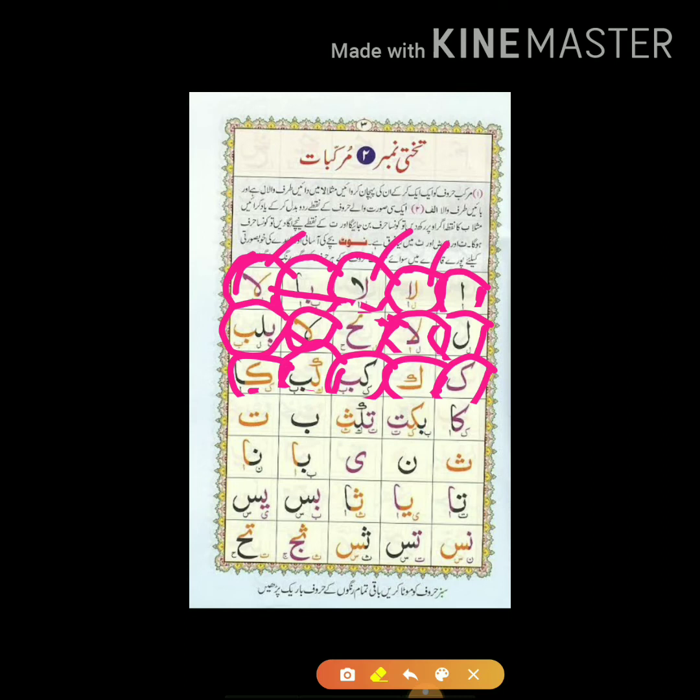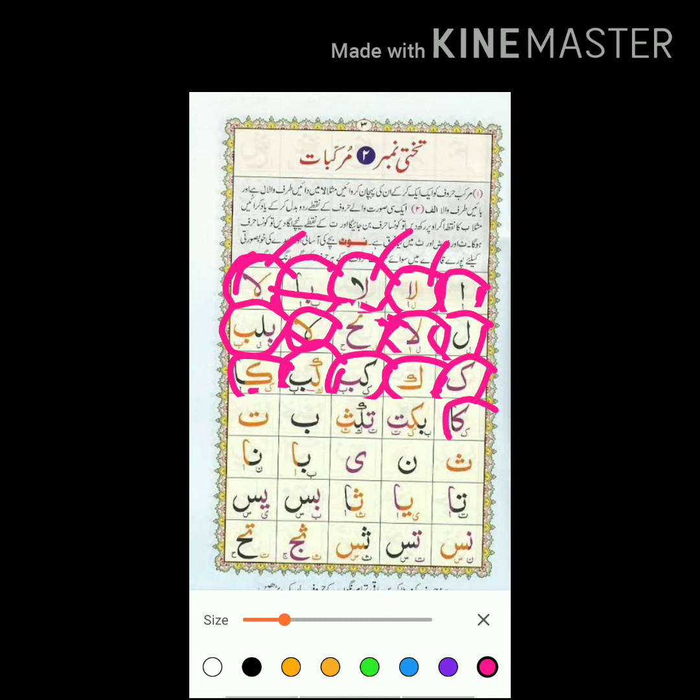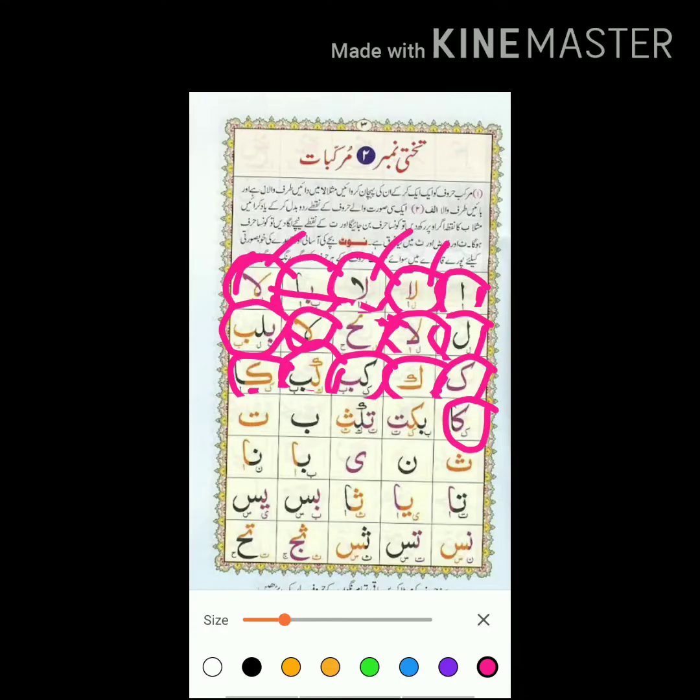Okay, the fourth line, the first box is again kaf, alif. Here, if you remove alif in this box, then the shape of the purple color letter is kaf. So there are two letters in this box, and those letters are kaf, alif. It is very easy to recall the shape of kaf.